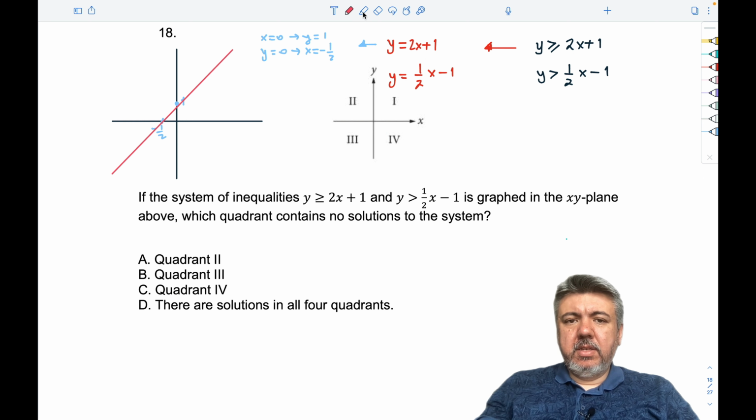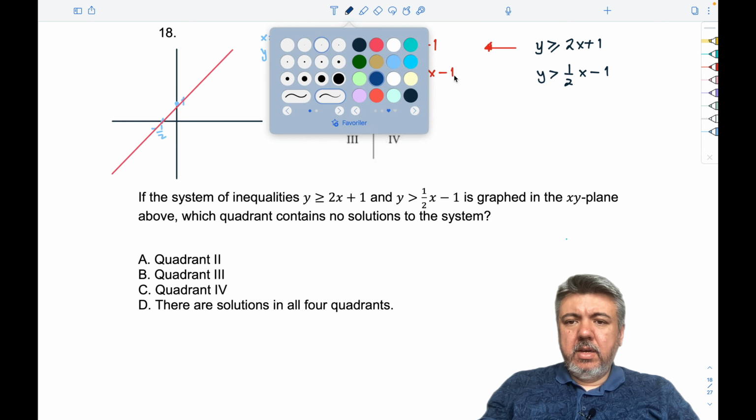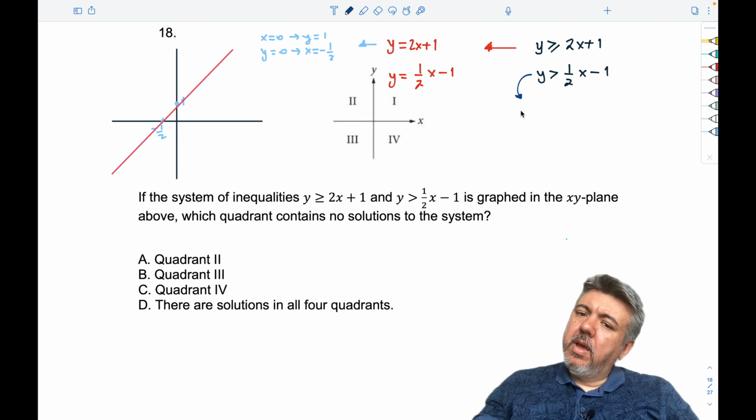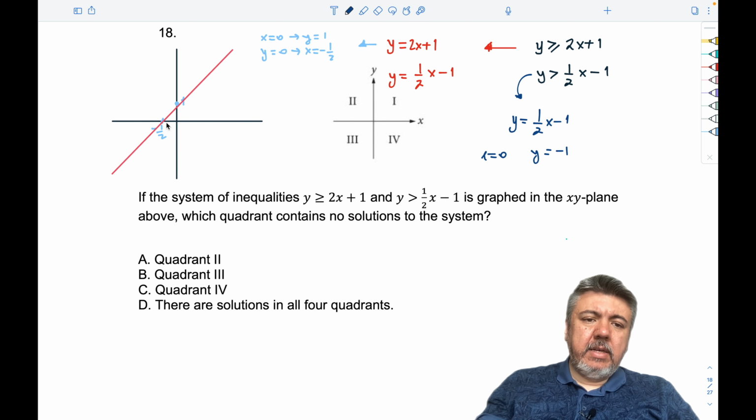Next, the second line is this one. Y equals 1 over 2x minus 1. I draw it here. For x equals 0, y equals minus 1. X equals 0, y equals minus 1 is here.